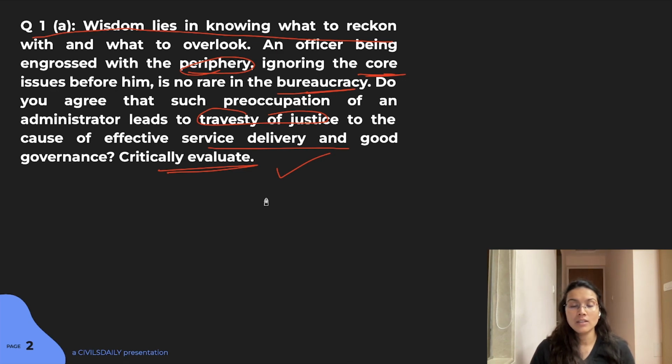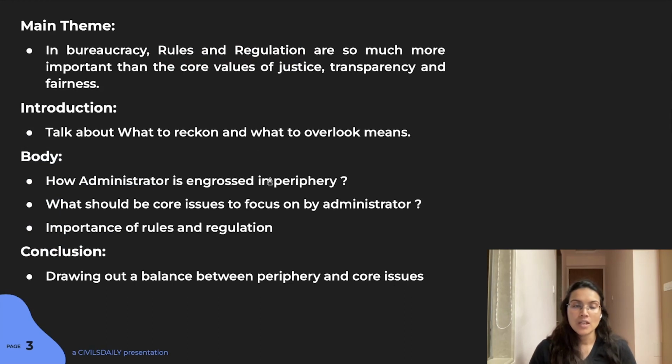Now, in this particular question, the major theme is that a lot of the time in bureaucracy, the rules and regulations that surround you become so much more important than the core values like justice or transparency or fairness. In fact, when we study public administration, we talk about how rules ultimately become your ends.